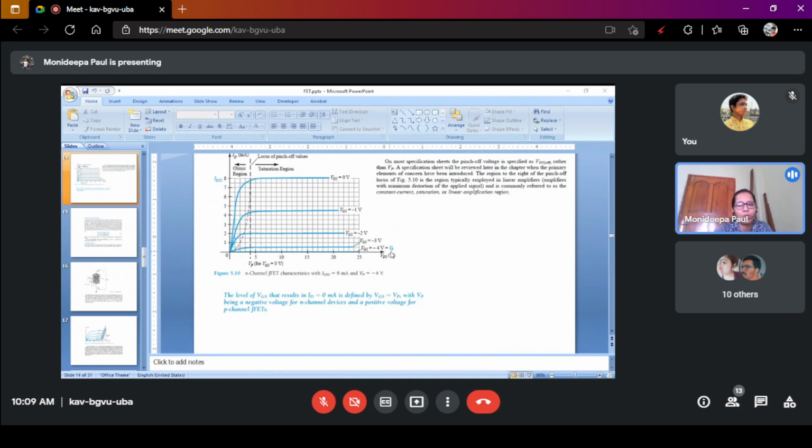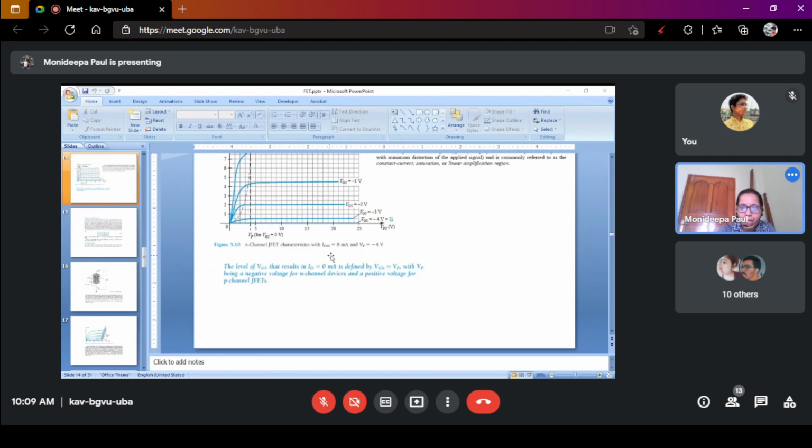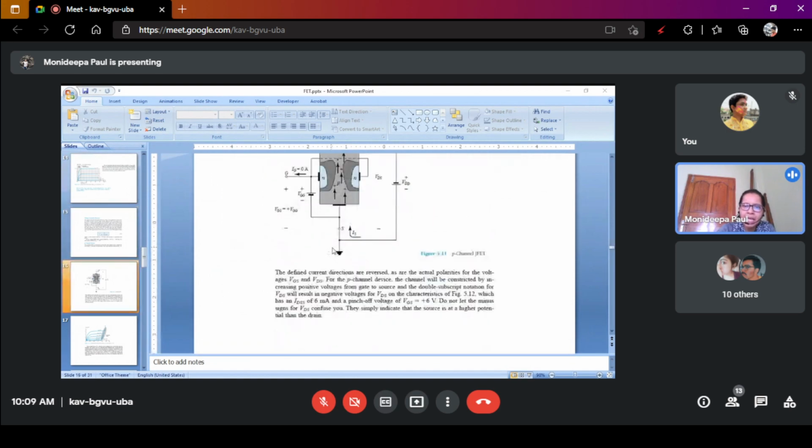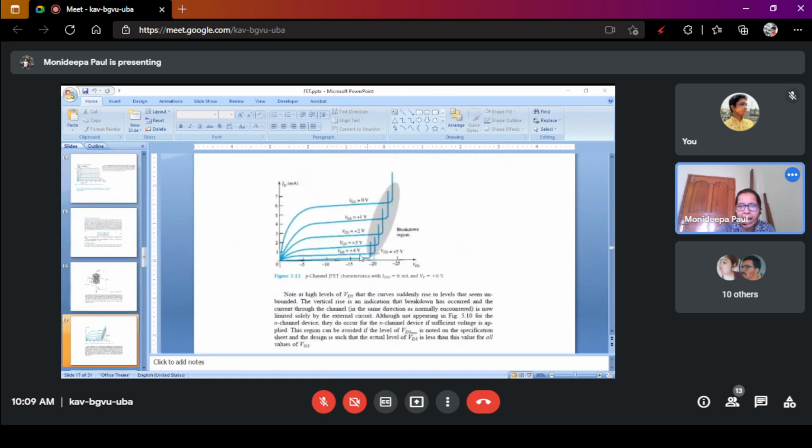VP means the pinch-off voltage. At this voltage, no current flows through the channel. So we maintain the voltage VGS between 0 volt and VP, that means 0 to minus 4 volt. Characteristics for P channel are the same, and this portion represents the breakdown region.